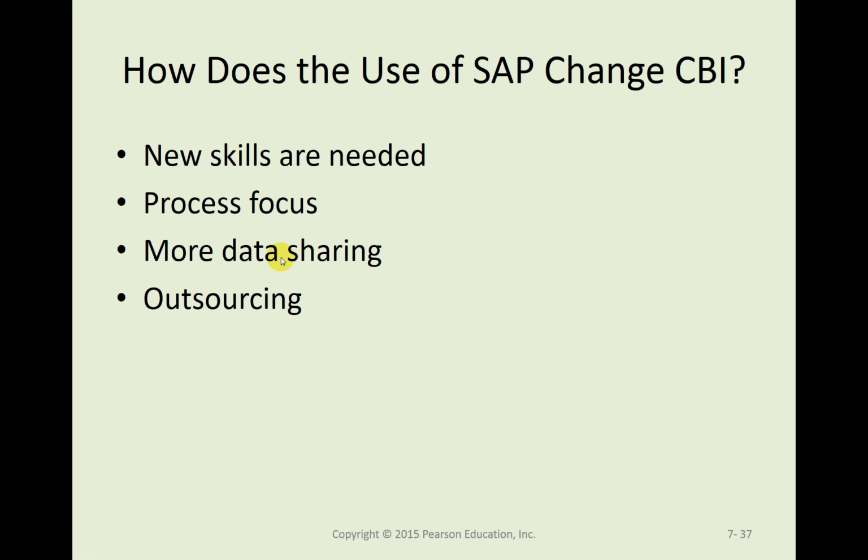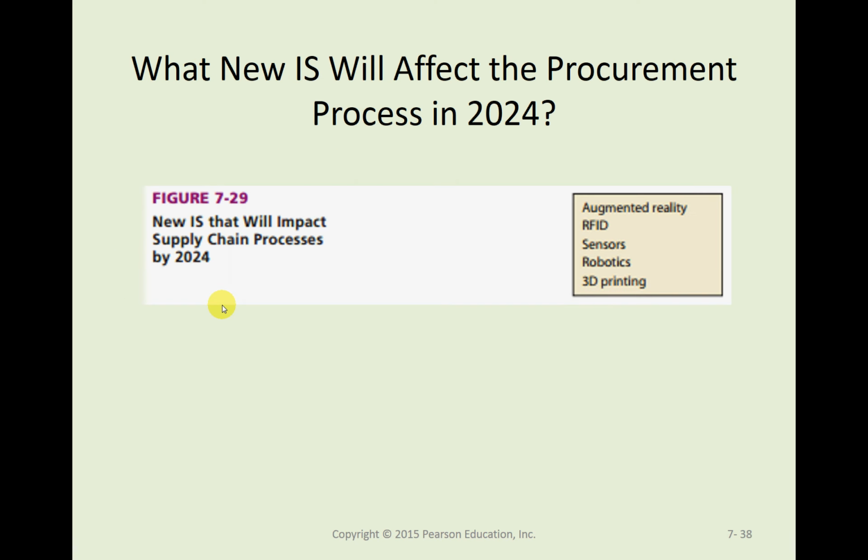These are some other information systems related applications that can be used as an adjunct to SAP. Augmented reality, that is like virtual reality. You might be familiar with that if you play video games.